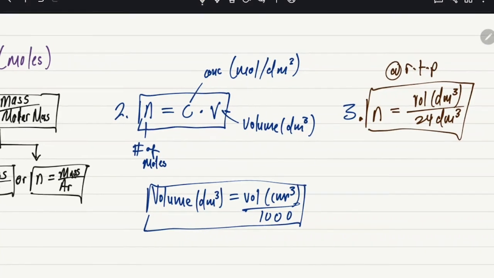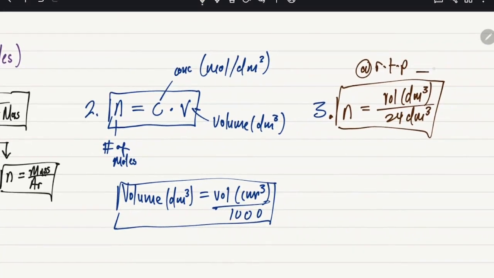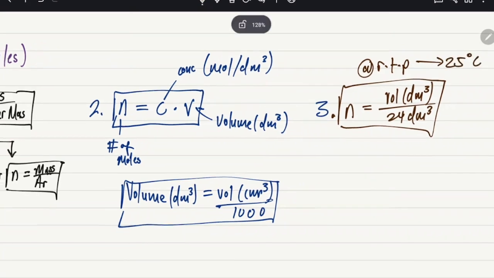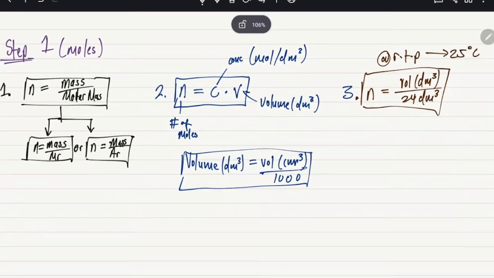If they say you are at RTP, or if they say you are at 25 degrees Celsius, that is RTP, room temperature. So you're going to use one of these 3 ways. That's the first step. I don't want to see anything else. I want to see you use either this one, or this one, or this one.